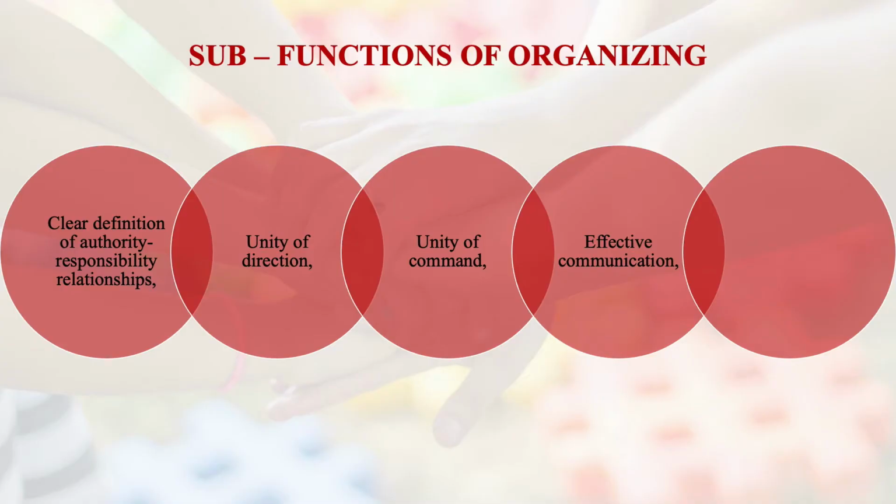Unity of direction means that the individual should know in which direction he or she has to move. Unity of command means there should be one leader who should command and take the role of directing the people involved in performing a specific activity. And of course, effective communication and effective leadership again form a part of coordinating.